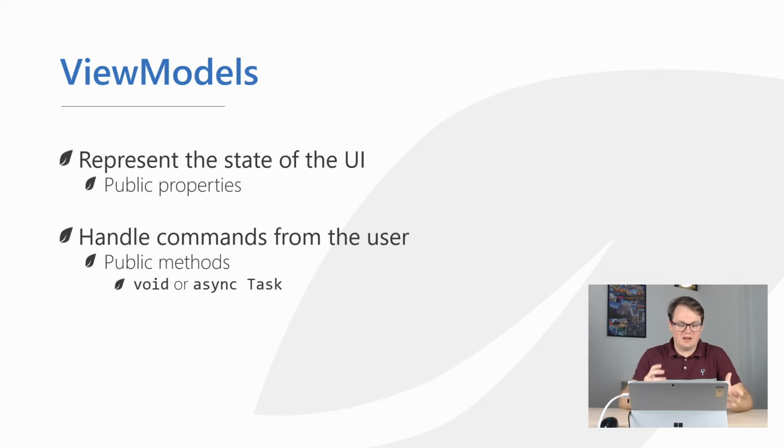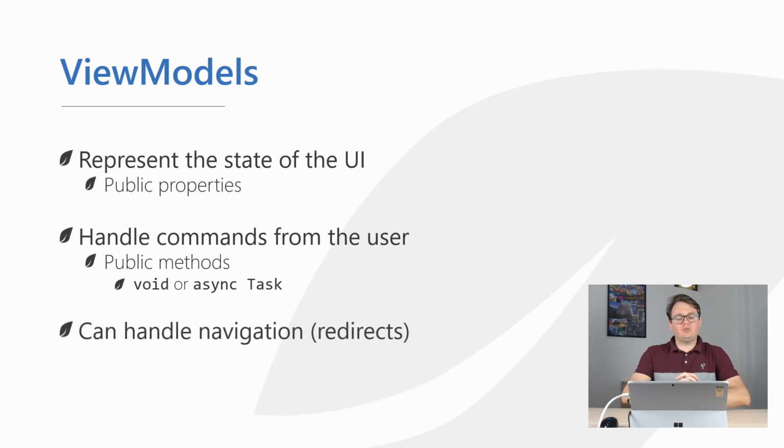For handling commands, you should use public methods in the view model, and DotVVM supports both synchronous and asynchronous methods. So the method can be void or it can be async Task. Maybe the async is not necessary, I just wanted to emphasize that it's asynchronous. If the method returns a Task, DotVVM will await this task.